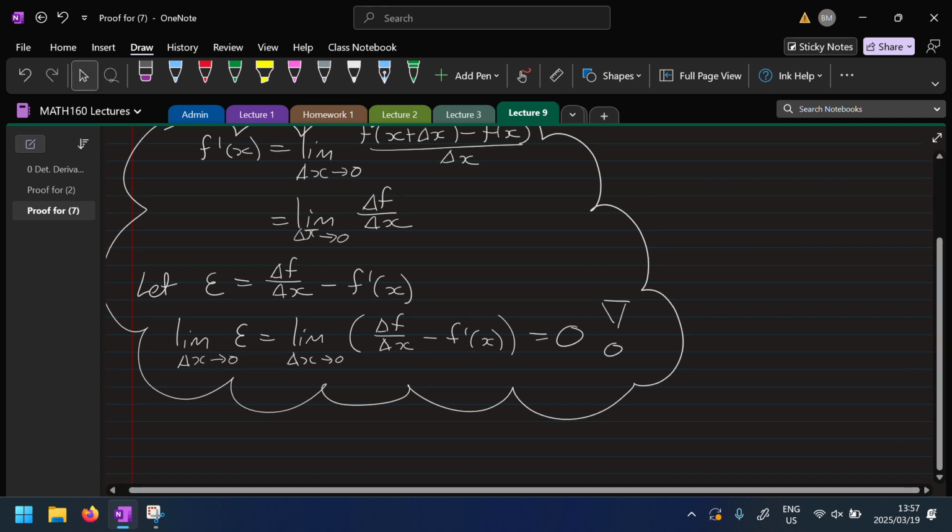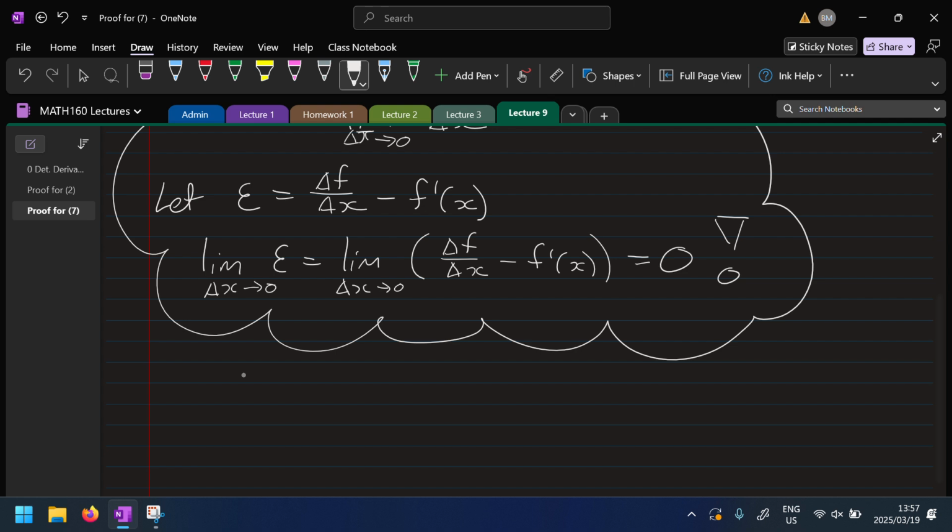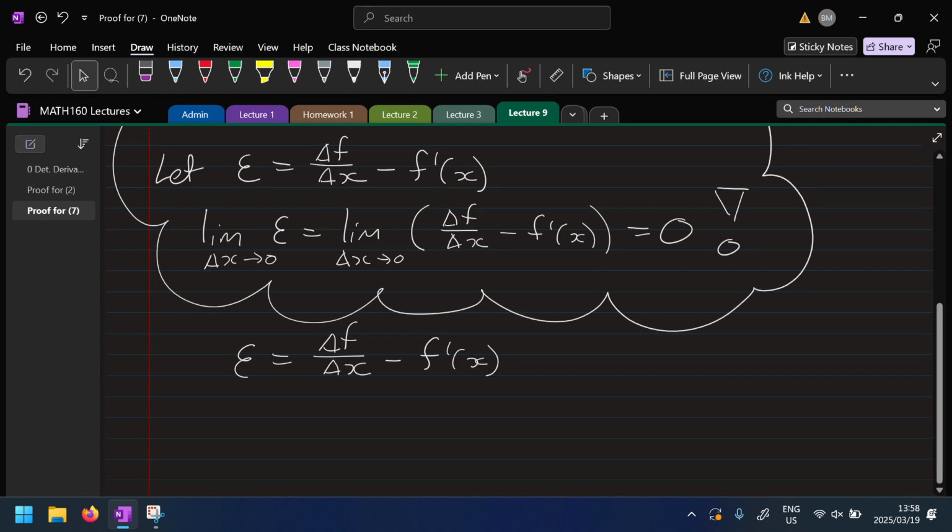Now, let's go back to this epsilon. Epsilon is delta f over delta x minus f prime of x. What I want to do is solve for that delta f, just that numerator. So let's multiply through by the denominator. I end up with epsilon delta x equal to delta f minus f prime of x delta x.